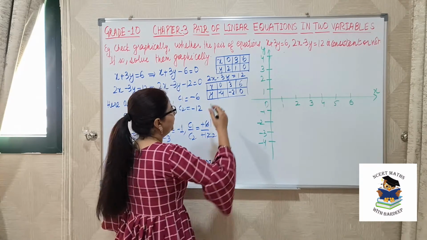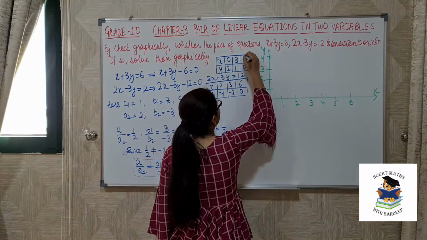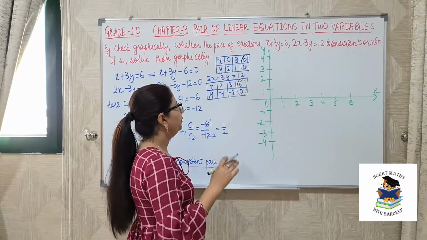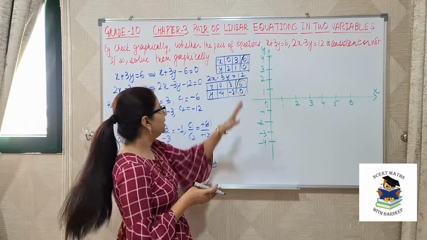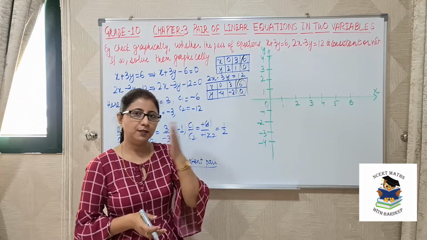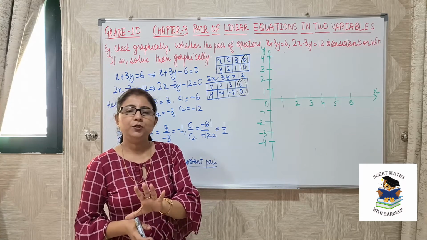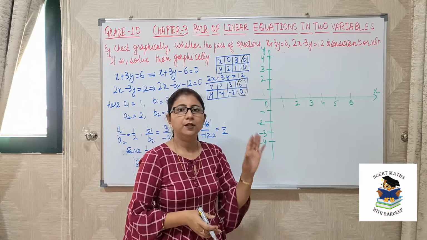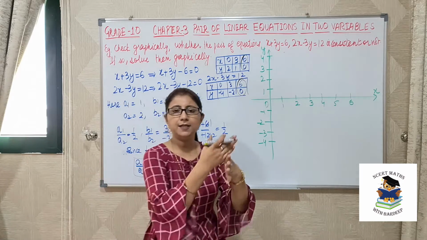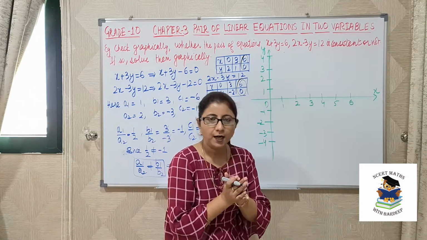One thing you can identify directly is the common point in both tables. If you are lucky, you will definitely get this point in the table. That common point in both tables is a solution of your linear pair. Or we can say that this common point is the intersecting point of your graph.